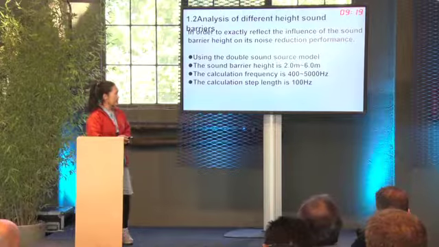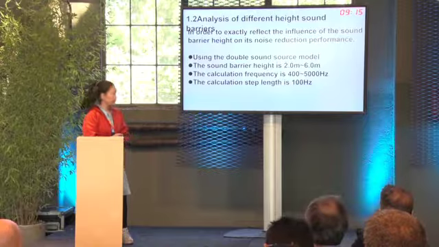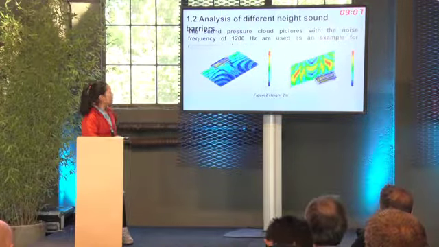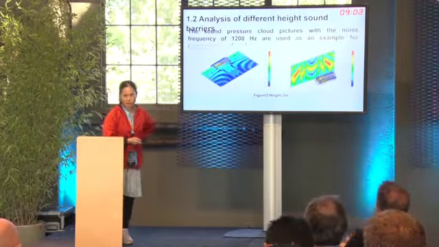We use the double sound source model, and the sound barrier height is 2 to 6 meters. The calculation frequency is 400 to 5,000 hertz, and the calculation step length is 100 hertz. And this is our analysis and simulation results.